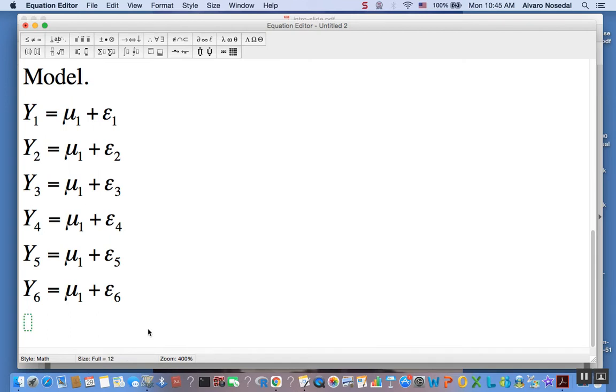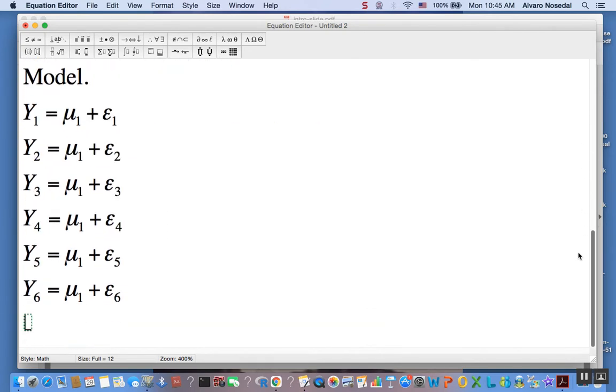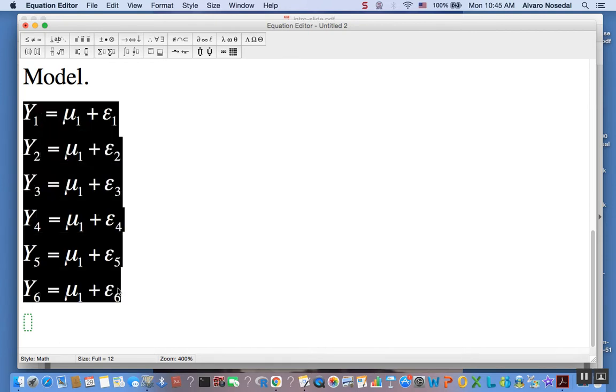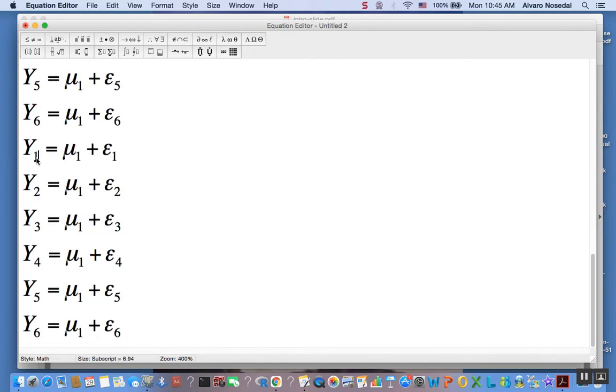Now, we know that the other 6 observations, they come from a different process. So let me assume that they have a different mean.